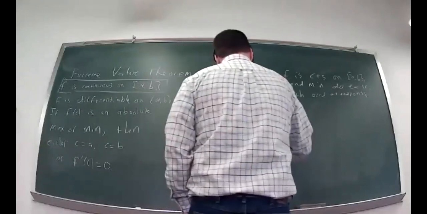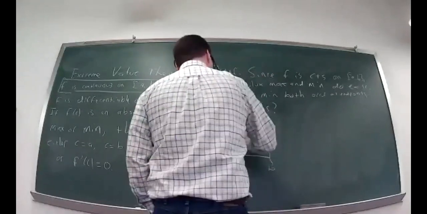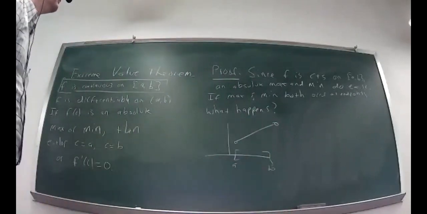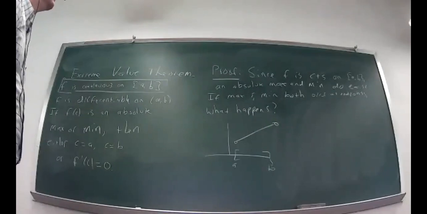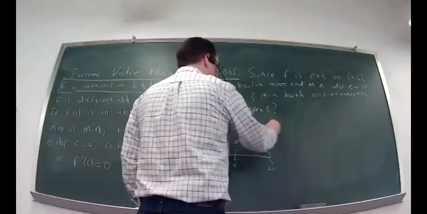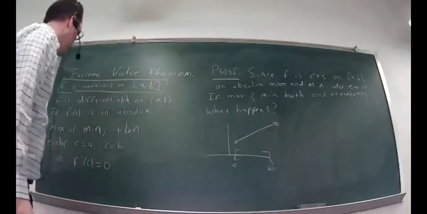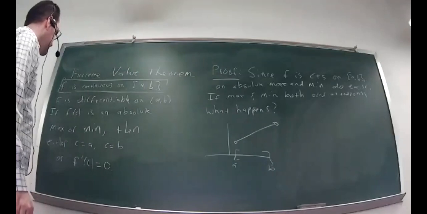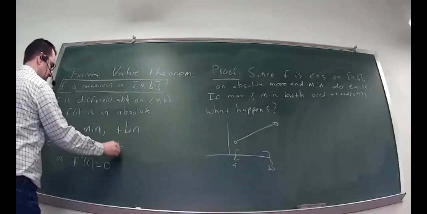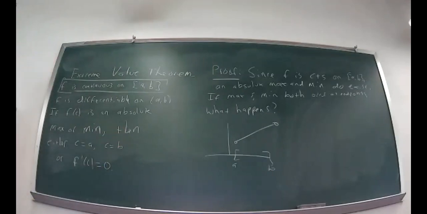Here's A and B. Here's an example where there's the minimum and there's the maximum, and they both occur at endpoints. I guess there's no problem, right? And that's built into the theorem, so that's okay, fine. So nothing happens.